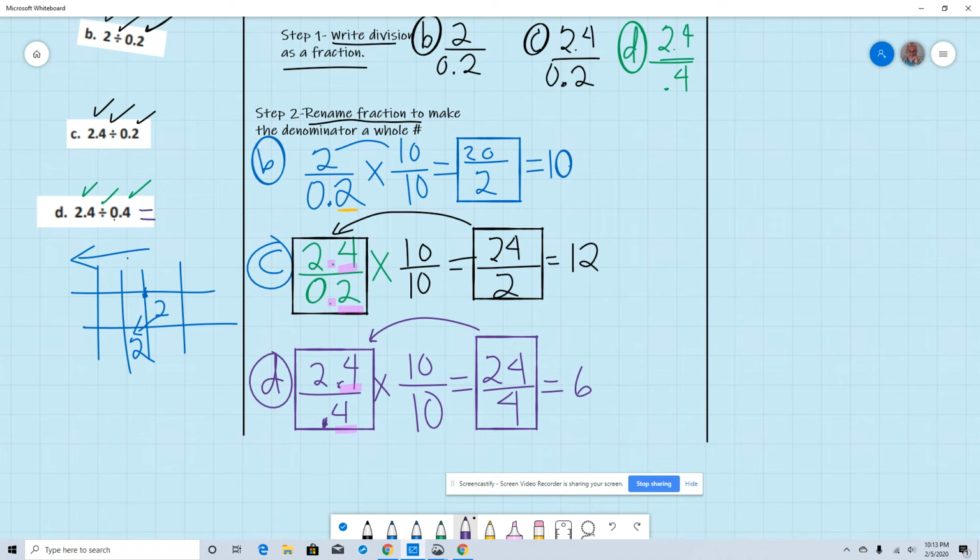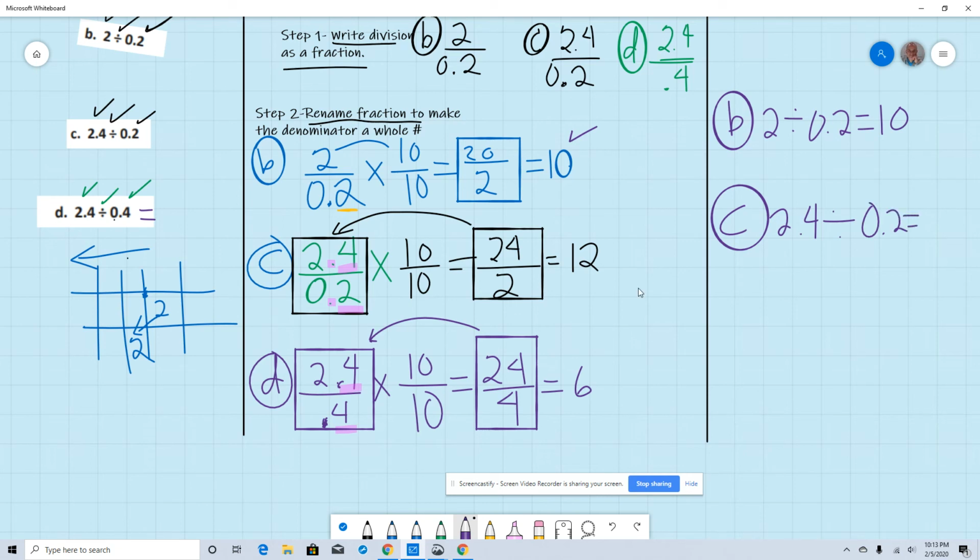So let's write the answer here. 2 divided by 2/10 equals 10. C is 2 and 4/10 divided by 2/10 equals 12.